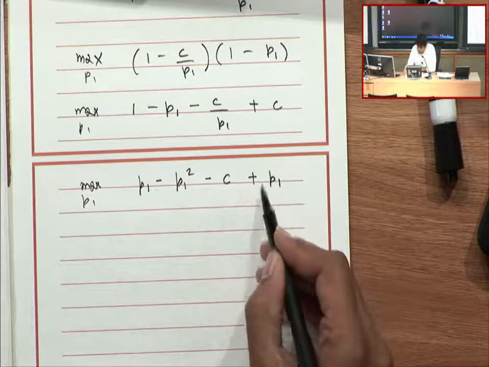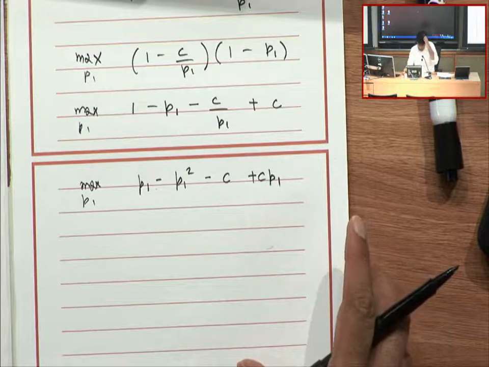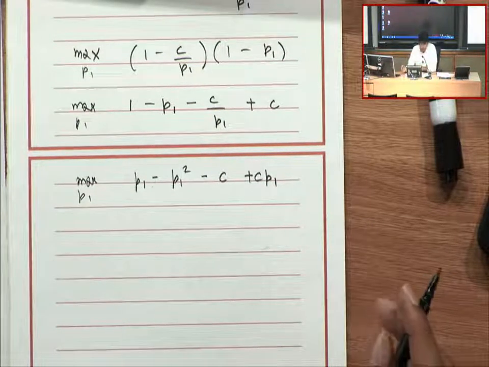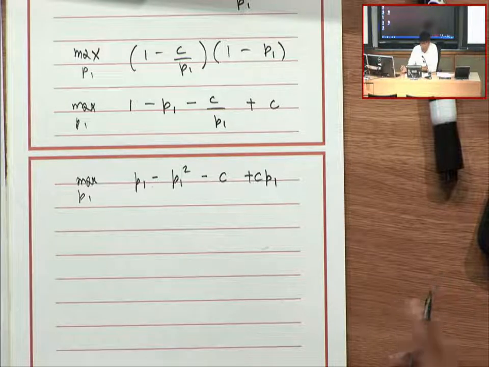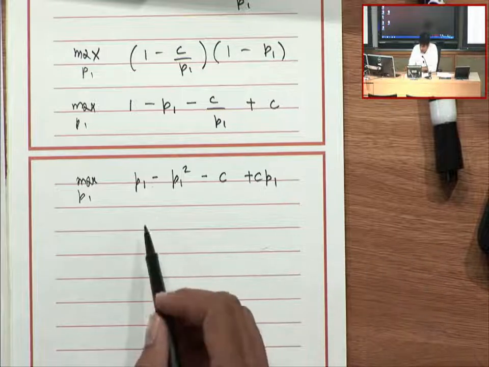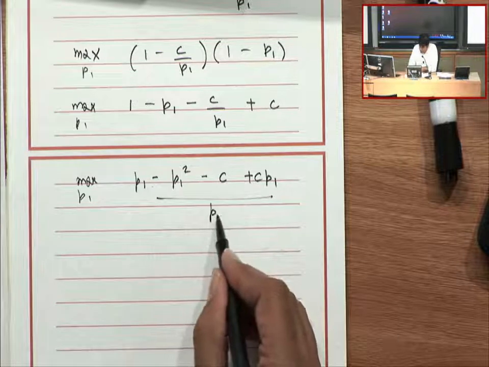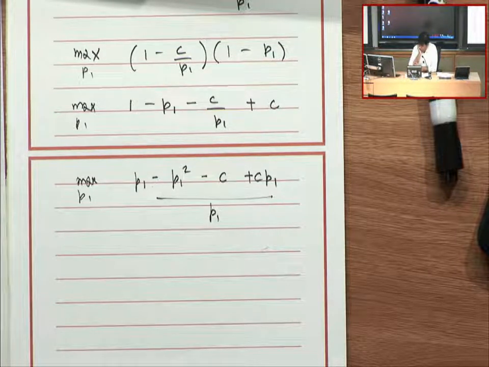Am I leaving something out here? So C, right? Yeah, divided by P1, yeah. This looks slightly simpler, but may not be that much different.